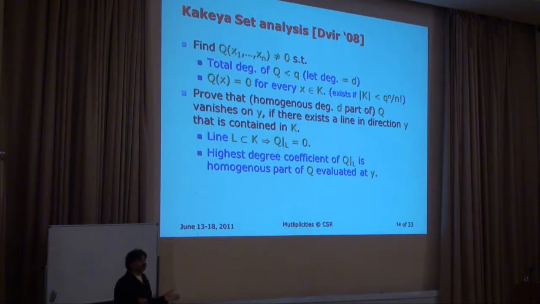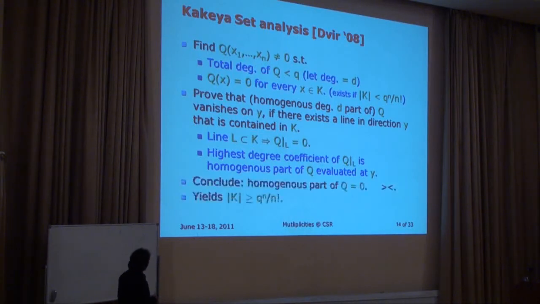So immediately you conclude that this polynomial must be identically 0, which is a contradiction to the assumption that you have over here. So you conclude that this statement, that the set is of small size, must be false. And so we have a lower bound on the size of any Kakeya set.